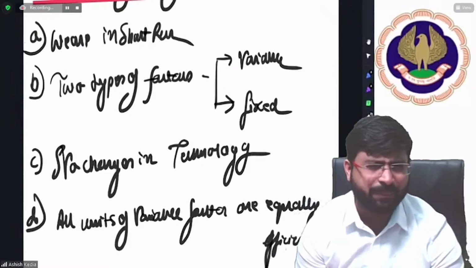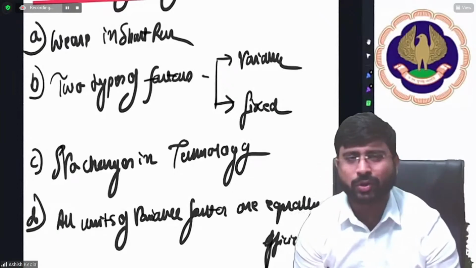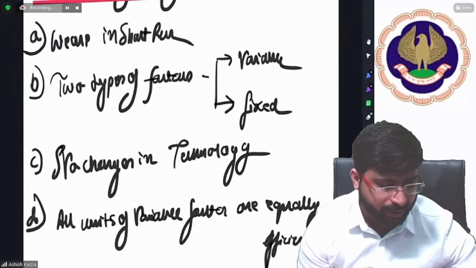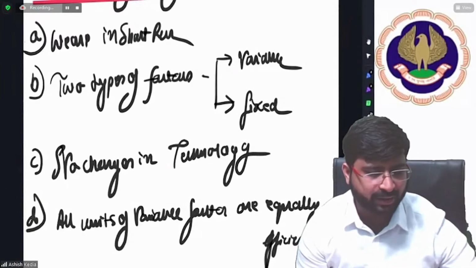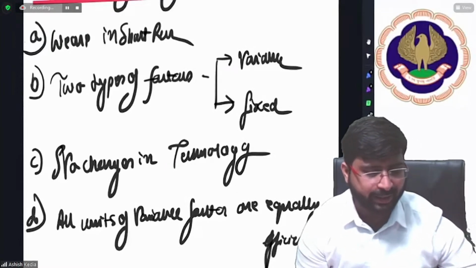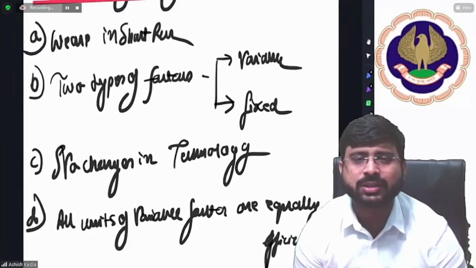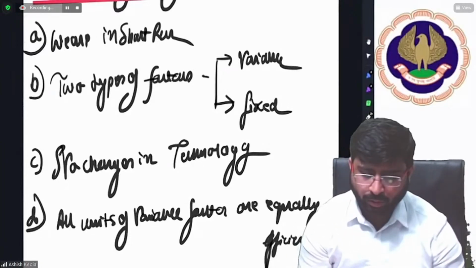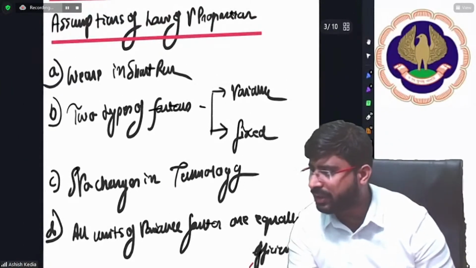In real life, does it happen that all people are equally good in the same kind of work? Absolutely not. The deviation is always there, maybe by little, but the deviation is always present. So these are the four major assumptions of the law of variable proportion.